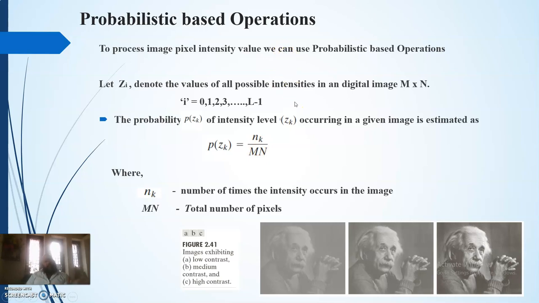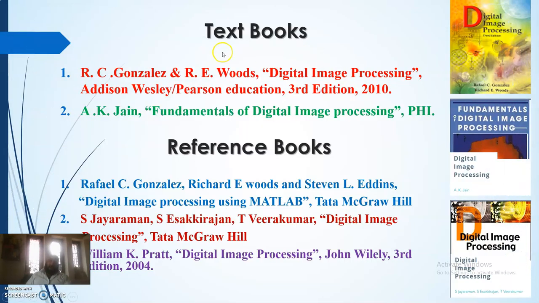So I think we have come across various image processing operations: probability based operations, set operations, logical operations, array operations, and matrix operations. For further detailed reference, we can have these textbooks and reference books.